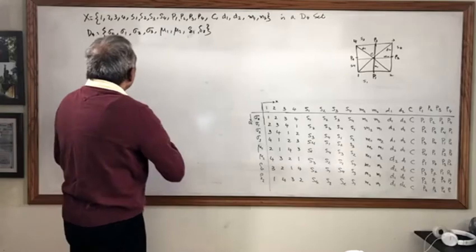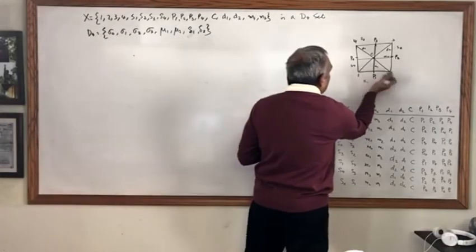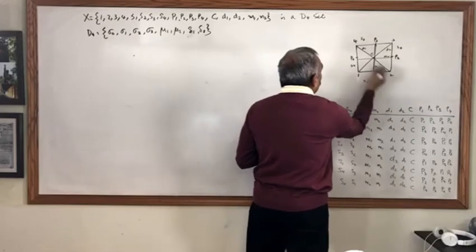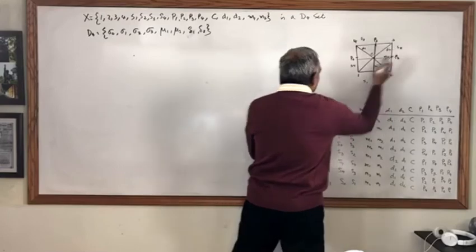And similarly, mu1 will be the vertical shift. 1 will go to 2, 4 will go to 3. And similarly, all the parts will turn like that.